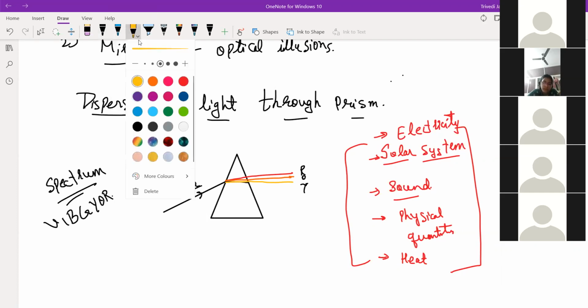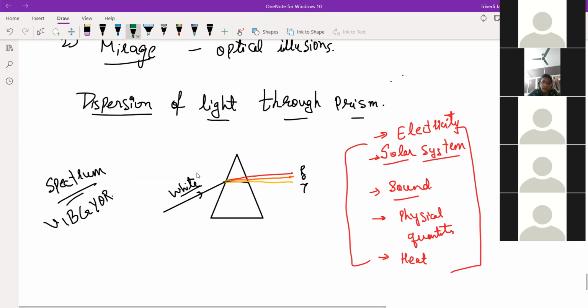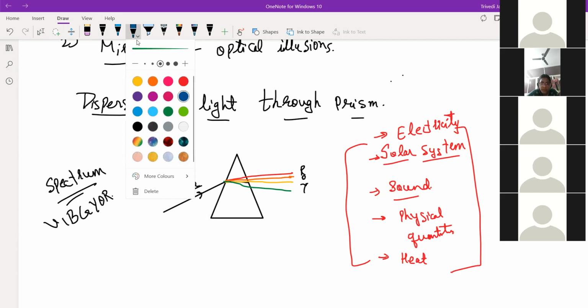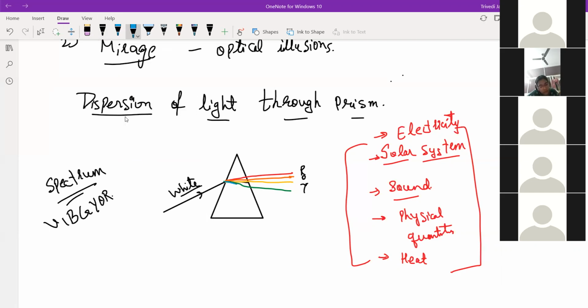Violet, indigo, blue, green, yellow, orange, red. Actually, this refraction happened at this place, not in this place, but I drew it this way.